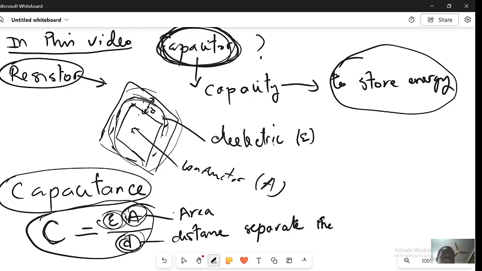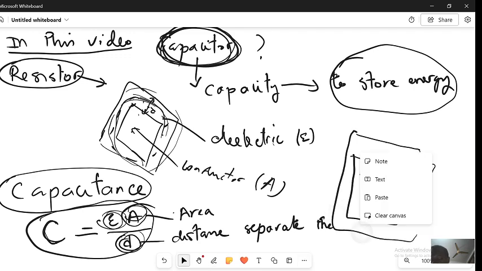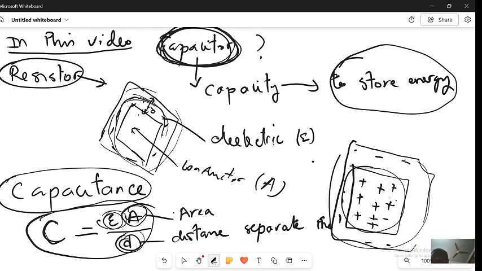Now these two plates have charge. One is charged positive, and the other is charged negative.